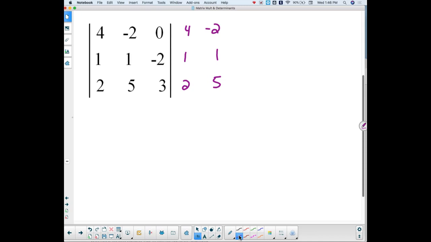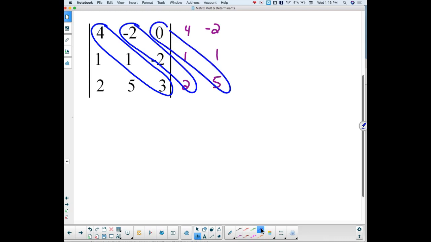Now what you've set up is you've set up 3 crosses, so this would be 4 times 1 times 3 plus negative 2 times negative 2 times 2 plus 0 times 1 times 5 minus your 3 crosses.